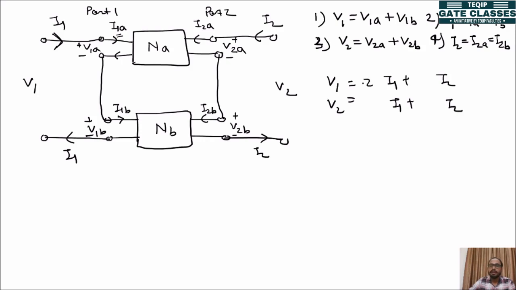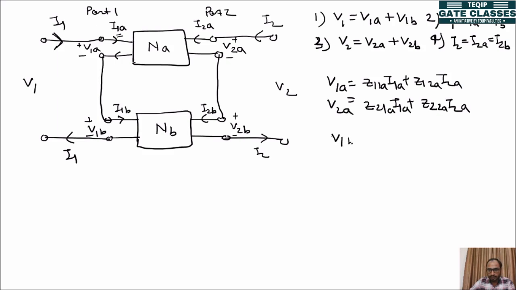Here you can write Z11, Z12, Z21, Z22. If you are talking about network A, then you just put subscript A everywhere, and this will become the Z parameter equation for network A.